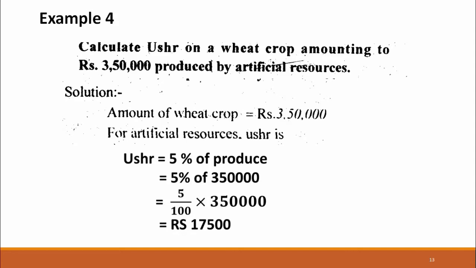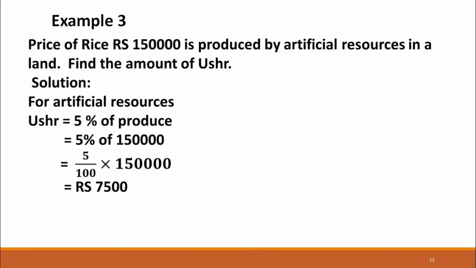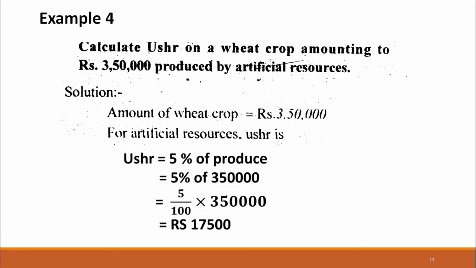In the previous problem, the land was irrigated by artificial sources, but the total amount was 1,50,000. Now here, the total amount is 3,50,000. So what will be the amount of Ushr?